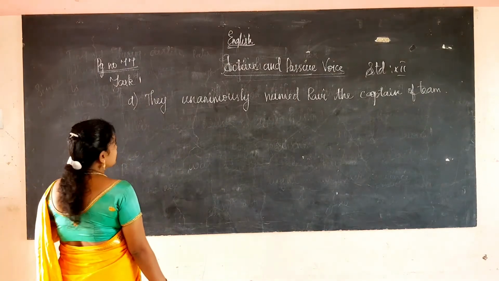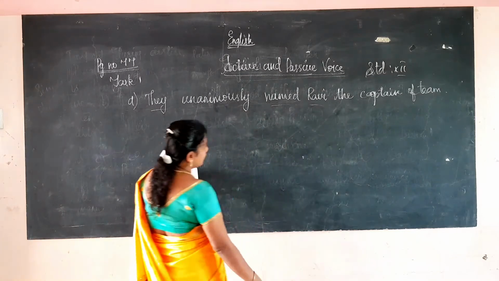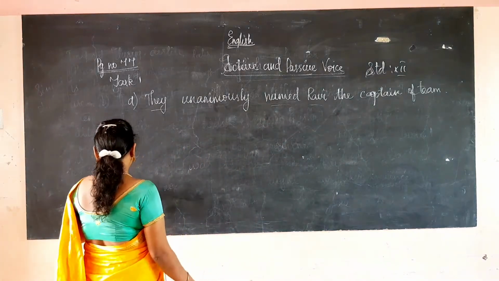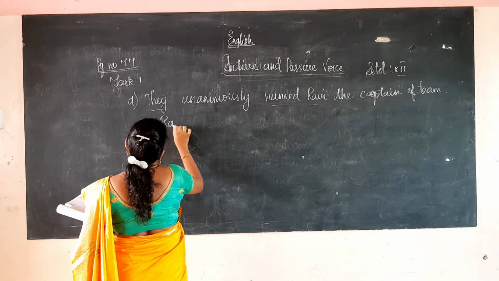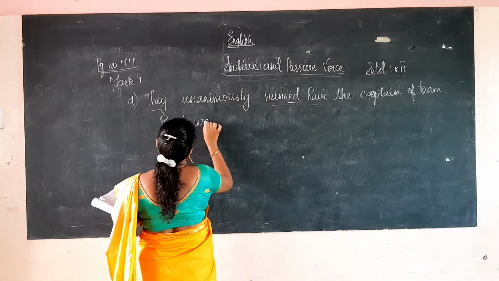Now we will change the object. This is a subject, verb and object. Okay. So, first the object, Ravi. Here it is in the past form, the singular past form is was.